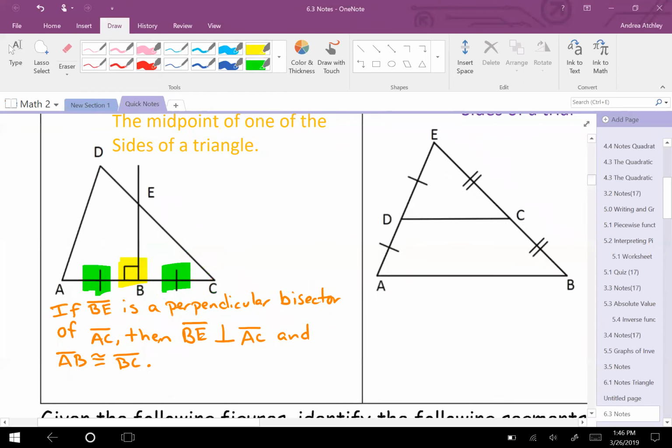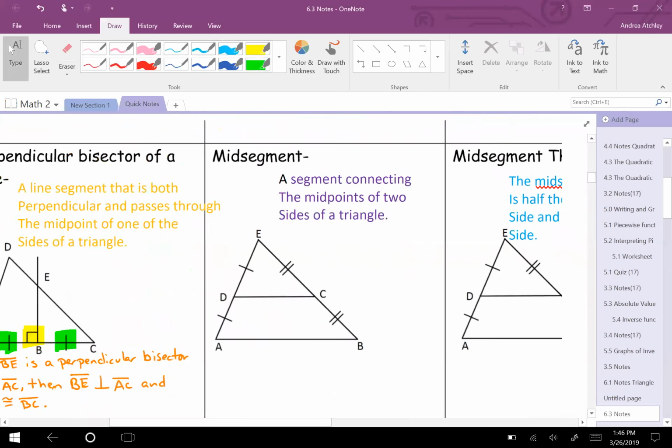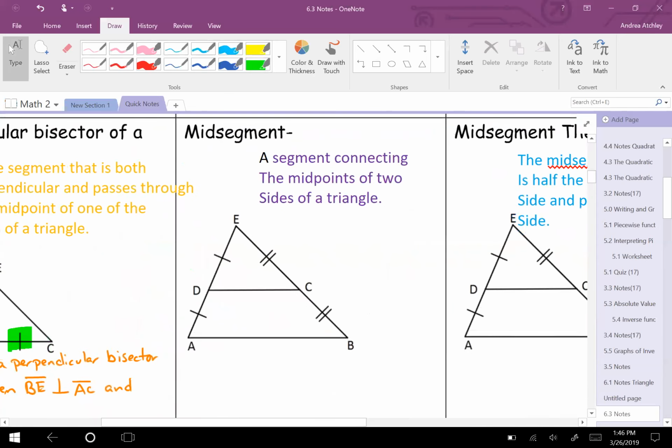Okay, we've also already discussed mid-segments before. A mid-segment is a segment connecting the midpoints of two sides of a triangle.